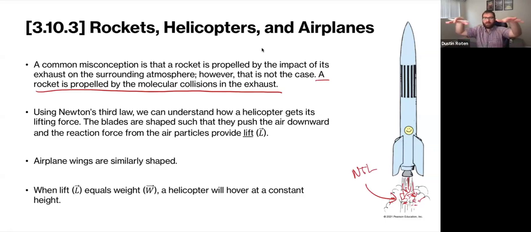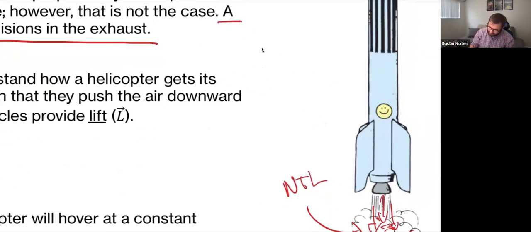Same thing we can talk about with a helicopter. You'll notice that on a helicopter, the blades are sort of slanted. And because of that, as they spin, it sort of hits air molecules, then forces them downwards. And if you force an air molecule downwards and change its direction, well, that's an acceleration, right? Actually, I want to draw this. Okay, so if you have an air molecule coming in, it hits the blade.